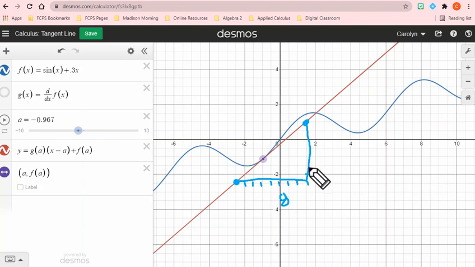Okay, so 8, 1, 2, 3, 4, 5, 6, 7. So the slope at this point is 7/8. Notice that I'm touching the red line when I count the slope, not the blue line. I'm touching the red line, which is the tangent line.